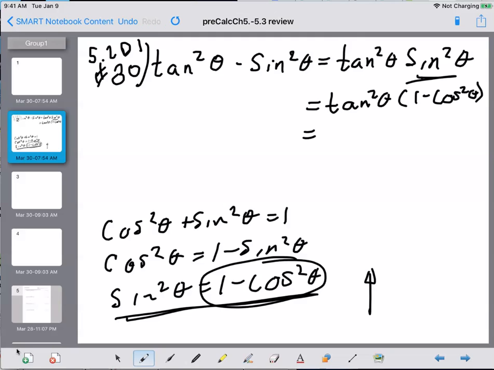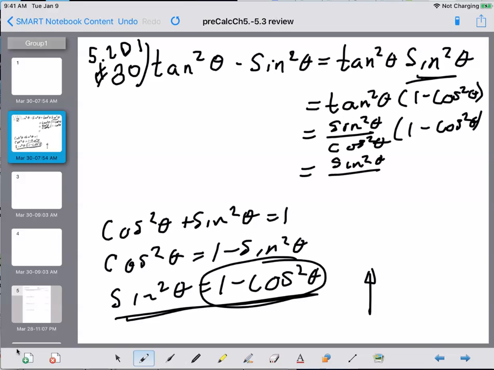Okay, if I distribute this, now keep in mind, this tan squared theta is the same as sine squared theta over cosine squared theta times 1 minus cosine squared theta. When I multiply that, I'm going to get sine squared theta over cosine squared theta.